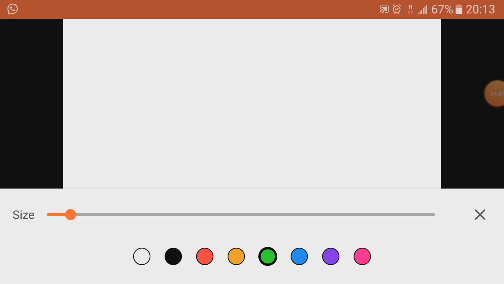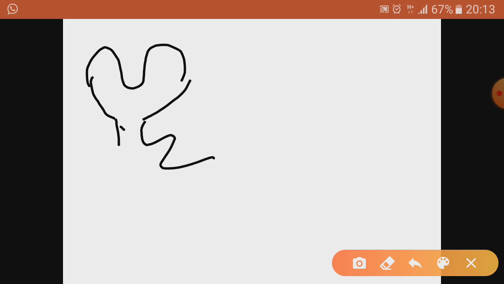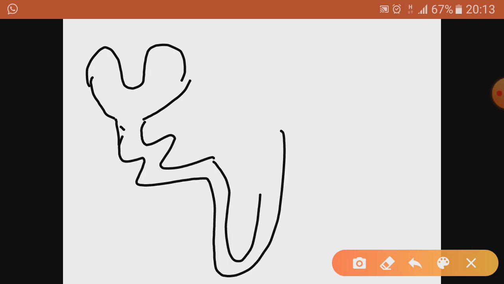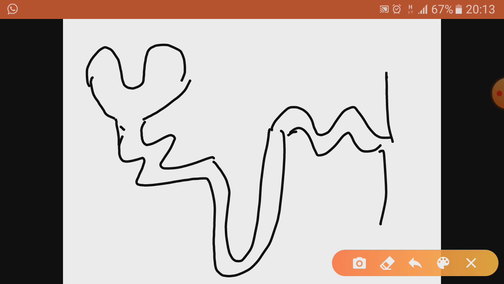So here we will try to make our nephron. This one is basically the Bowman's capsule, then comes the PCT, then the loop of Henle, then another twisted tubule, that is DCT, and then at the end we have the collecting duct.